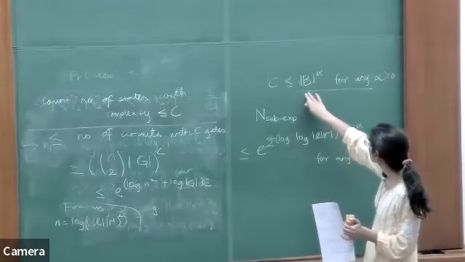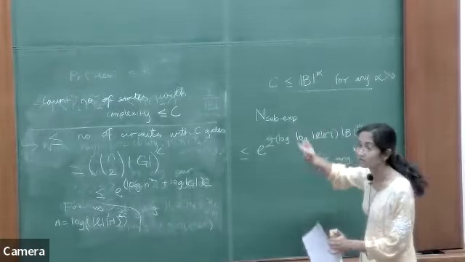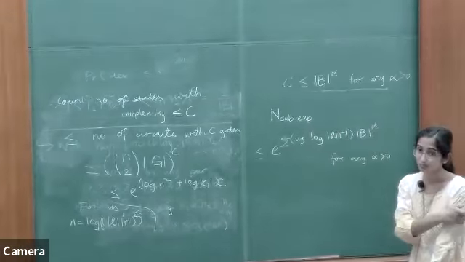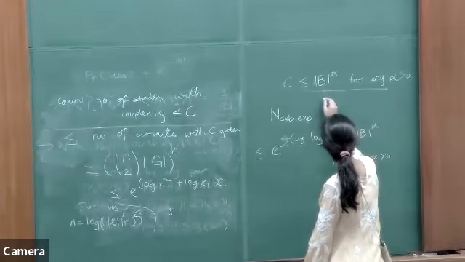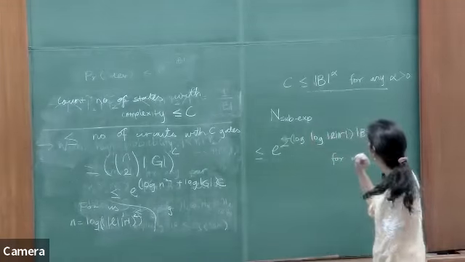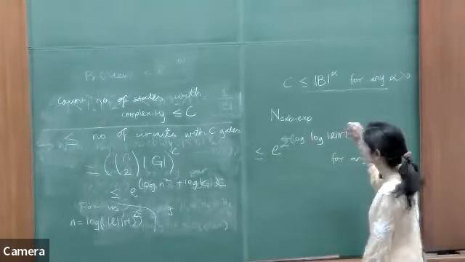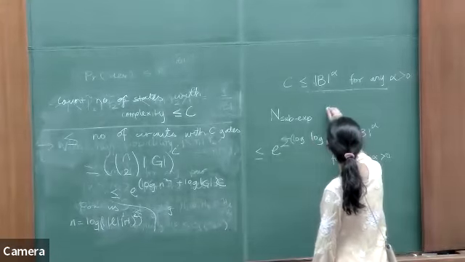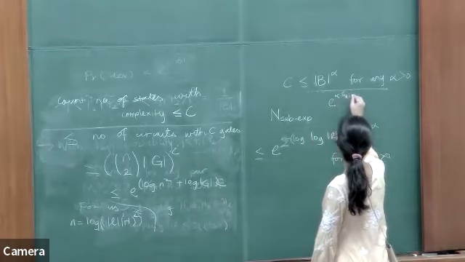It can't be anything which is exponential in S_BH. I'm just saying that it can't be of the form e to the alpha S_BH for any alpha.